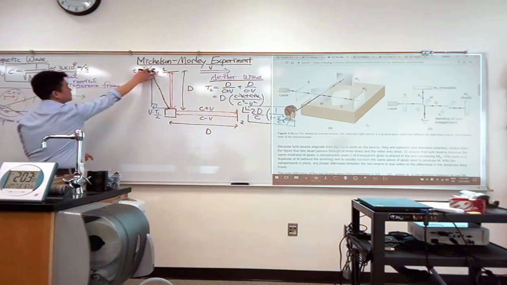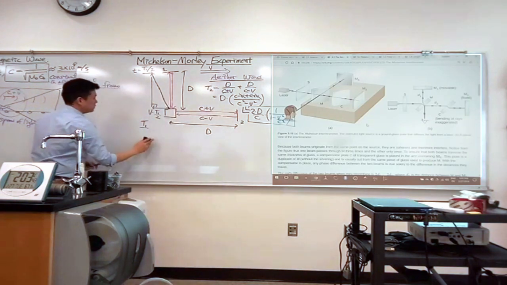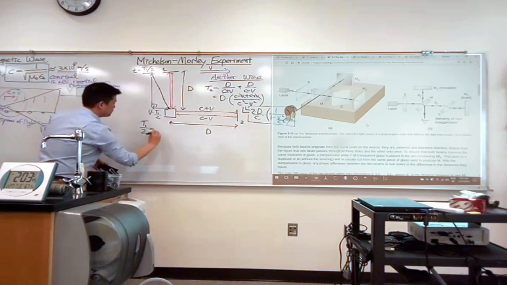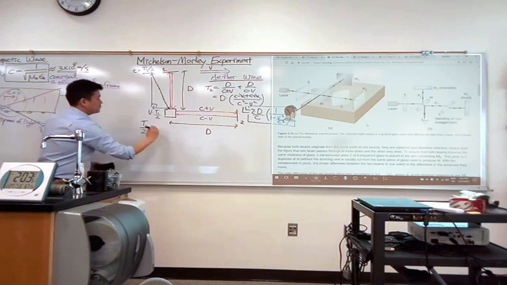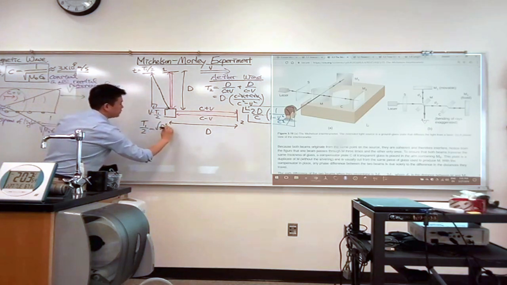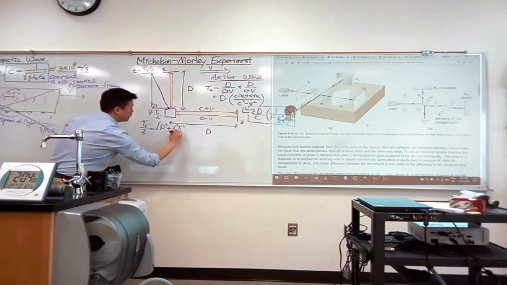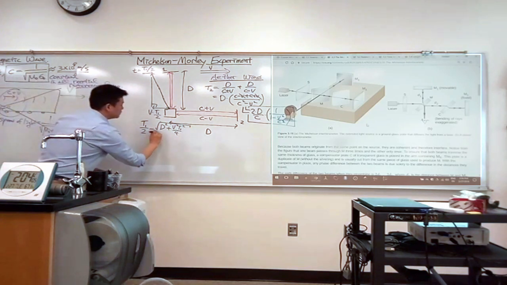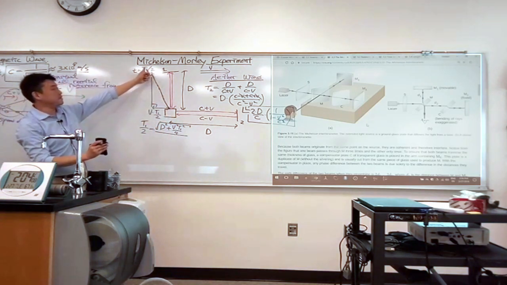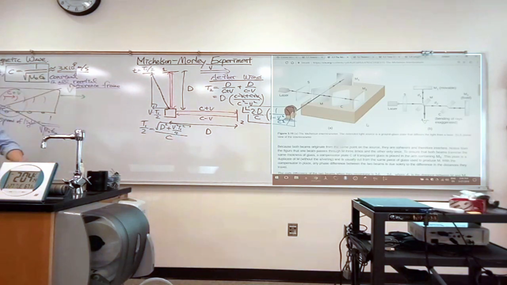So t1 over 2, amount of time it takes, is the distance, which would be square root of d squared plus v squared t1 squared over 4, square rooted, divided by the speed. It's moving at speed c. So, c.